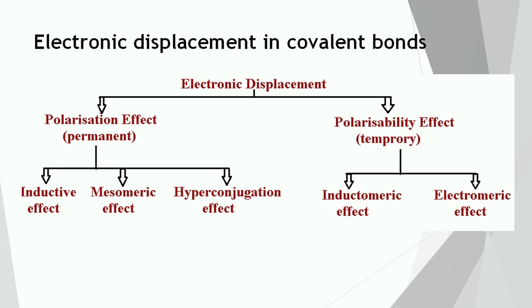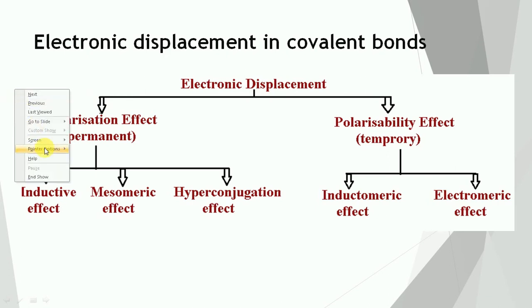So electronic displacement is divided into two parts. The first one is the polarization effect, which is permanent, and the second one is the polarizability effect, which is temporary.